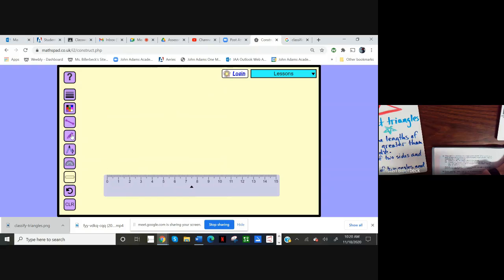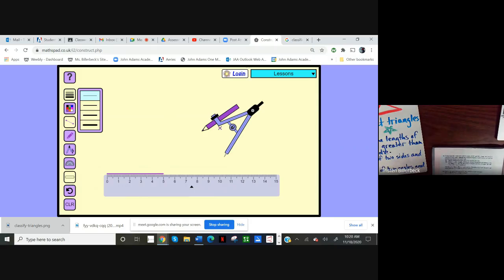to do that. Let me put that there. And we're going to draw 5 centimeters right here. All right, so if I'm going to draw a construction line, I want it very narrow, and I want to draw one of the sides as 4.